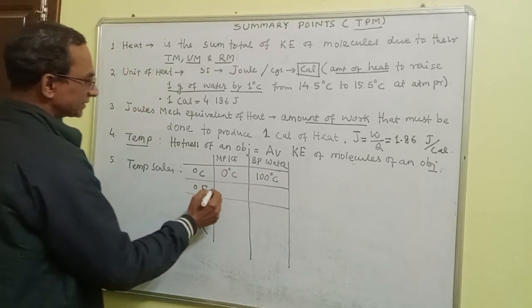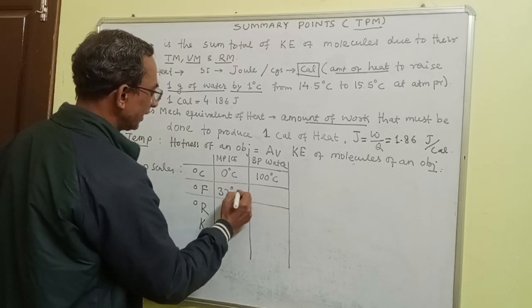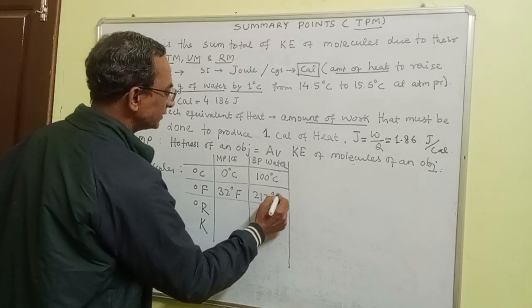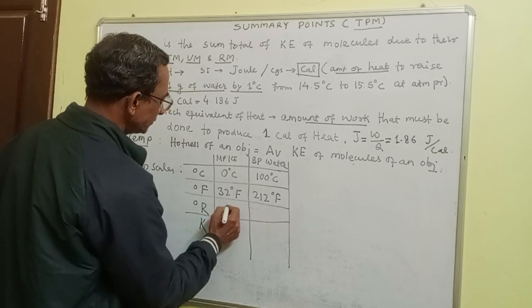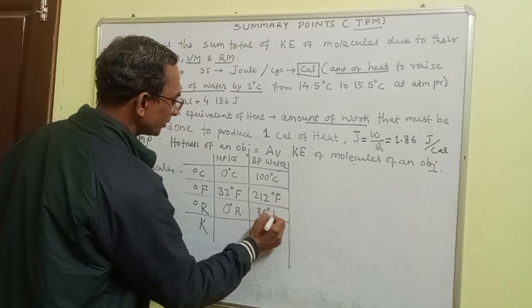In Fahrenheit scale, it is 32 degree Fahrenheit and 212 degree Fahrenheit. In Reaumur scale, it is 0 degree Reaumur and 80 degree Reaumur.